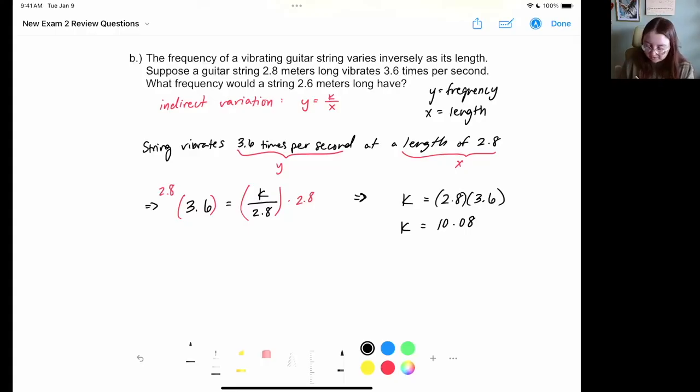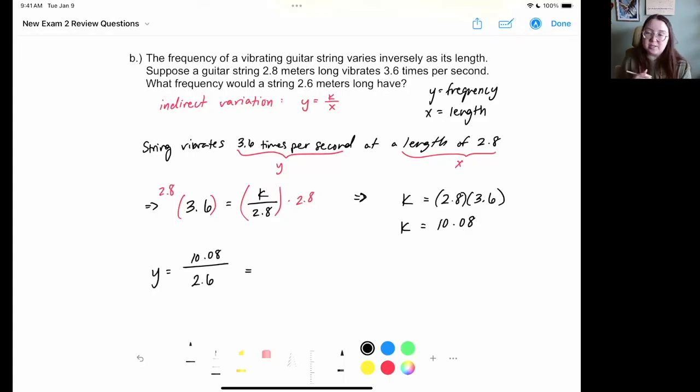So now that we know what k is, we're going to use that for the next part of our question. What frequency would a string 2.6 meters long have? So our frequency, we're looking for y in this case. So we have y is equal to, and now we know what k is, 10.08, divided by x, which we're now saying is 2.6 meters.